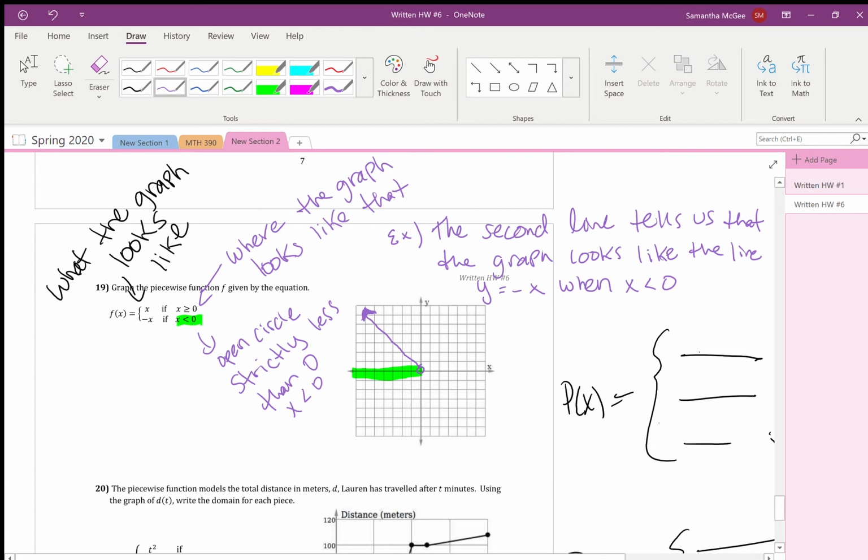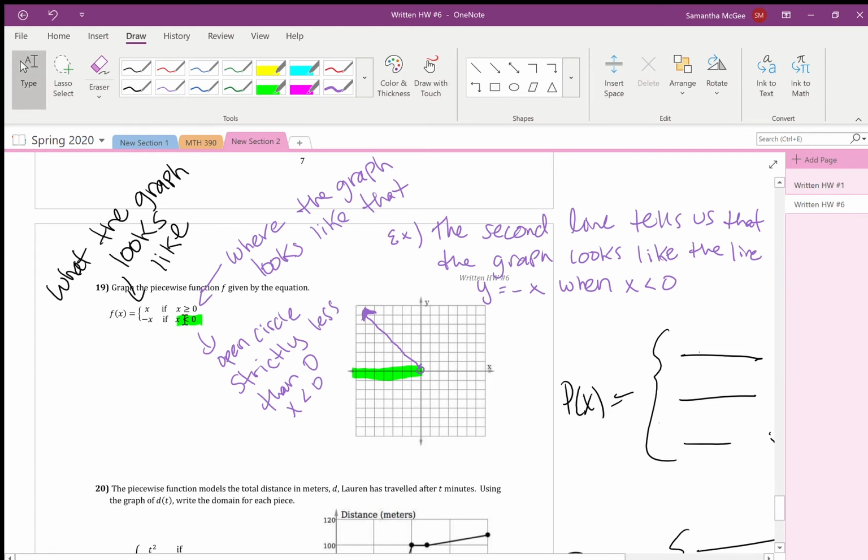In fact, when x is 0 or greater than 0, so when our input is greater than 0, our graph needs to look like the line y equals x. That's what that first piece tells us.